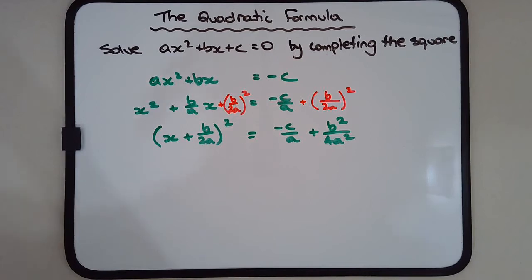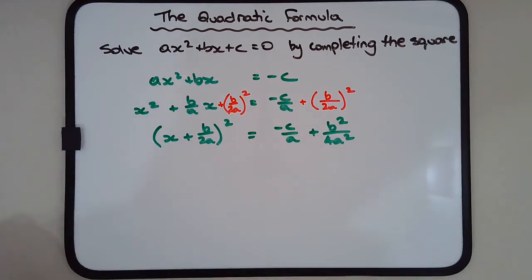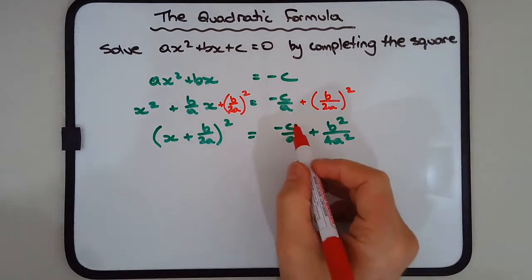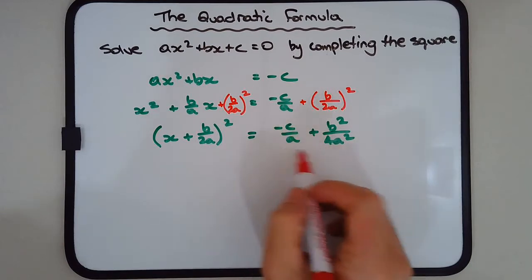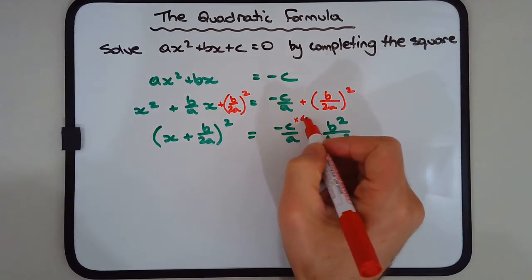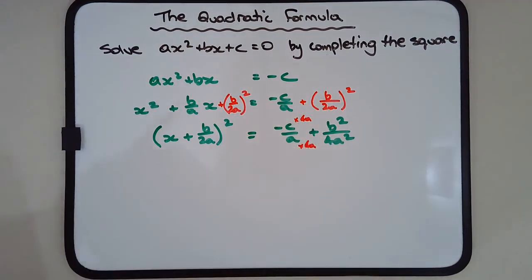Okay. What we might do next is just combine the two fractions on the right-hand side there. So we're going to multiply top and bottom of this negative c on a by 4a, so we have a common denominator. So multiply that by 4a and multiply that by 4a, so I have 4a squared as the denominator of the first fraction.